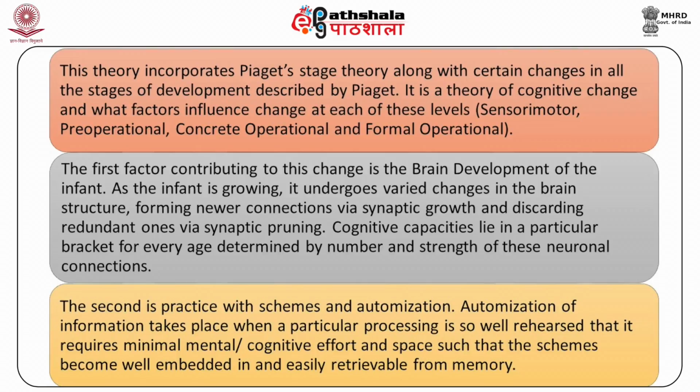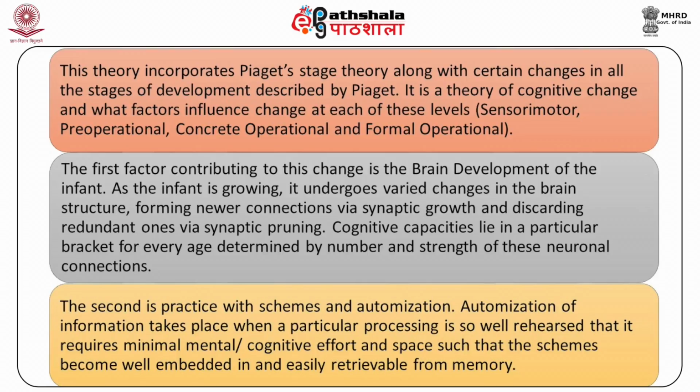The first factor contributing to this change is the brain development of the infant. As the infant is growing, it undergoes varied changes in the brain structure, forming newer connections via synaptic growth and discarding redundant ones via synaptic pruning.